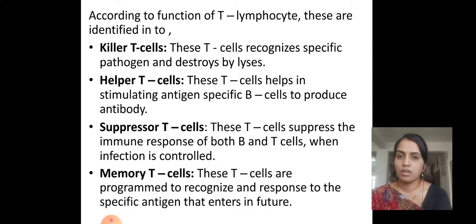But once the viral or microbial infection is under control, the action of the B lymphocyte and T lymphocyte cells will be slowed down and then stopped with the help of suppressor T cells. At the end of the infection, the suppressor T cells help B lymphocytes and T lymphocytes to stop their defense mechanism.